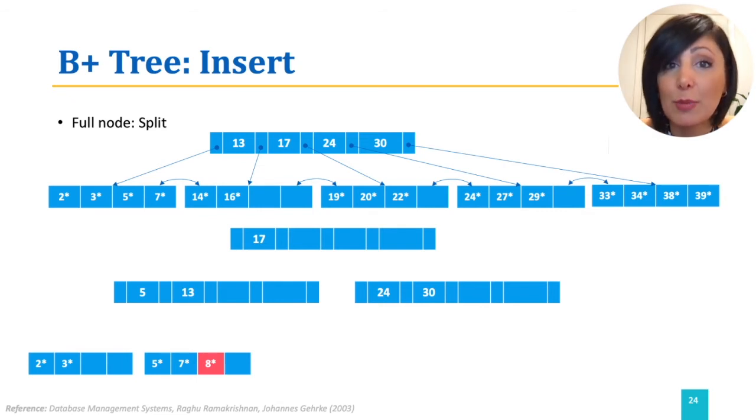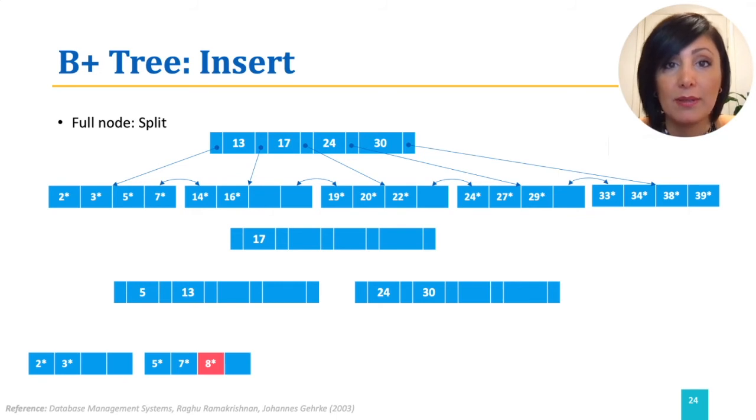The pointers need to be updated to reflect pointers to the new nodes, and that means the root needs to split as well. In the non-leaf nodes, the nodes include index entries and not data entries. Therefore, when the split happens, instead of adding a new value, the middle entry should be pushed up.